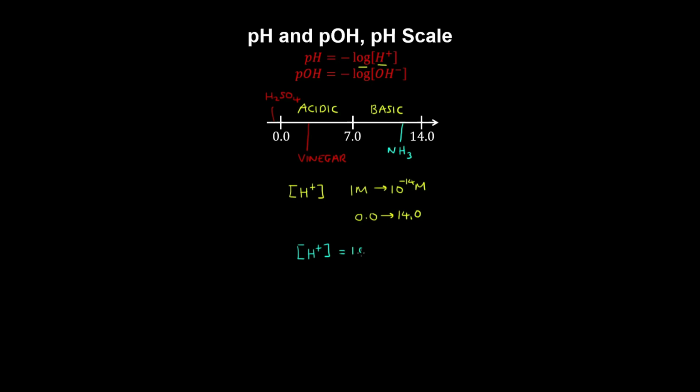So for example, in water it is 10 to the minus 7 molar. So if you take the minus log of this, you'd get a pH of 7 for fresh water. And pOH is a similar concept, which is basically the minus log of the concentration of hydroxide in a solution.